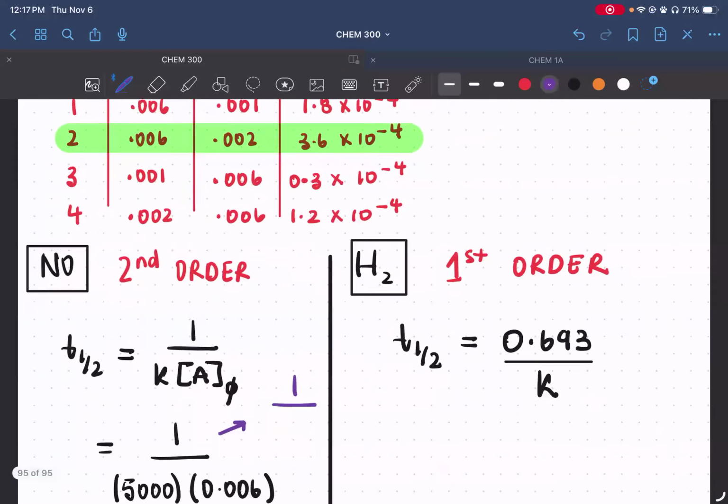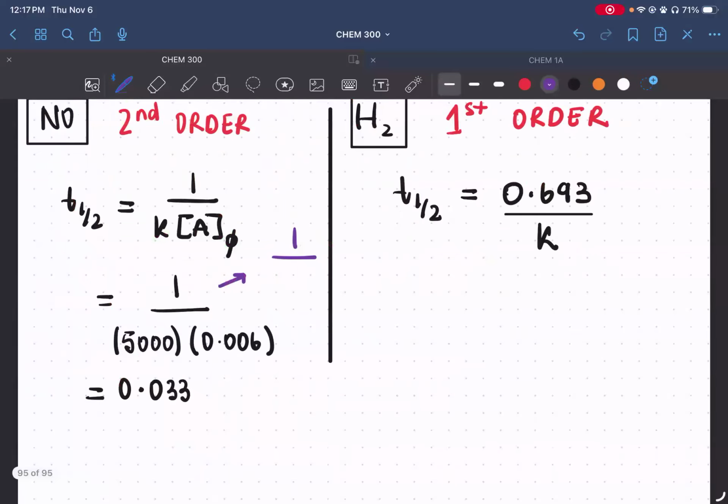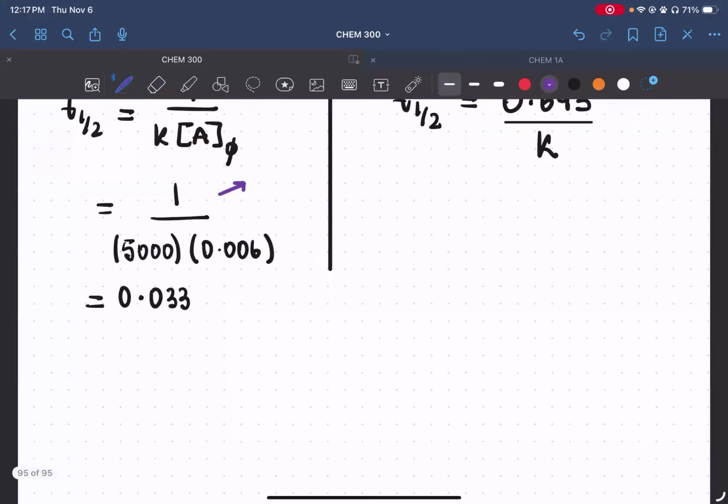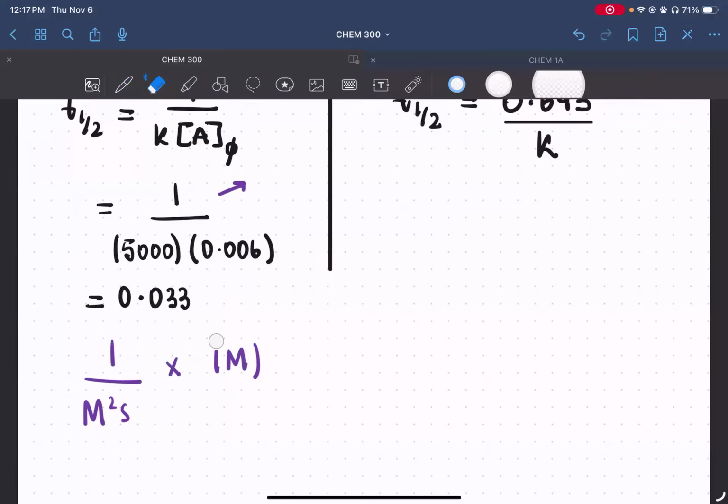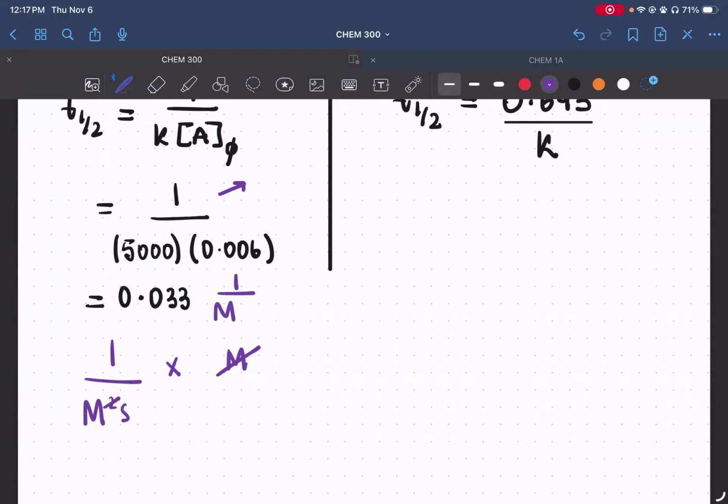We know that the rate constant is 1 over M squared s, and that will be multiplied by the molarity. Remember, the molarity comes from the concentration. These cancel each other out, and all we're left with is 1 over Ms.